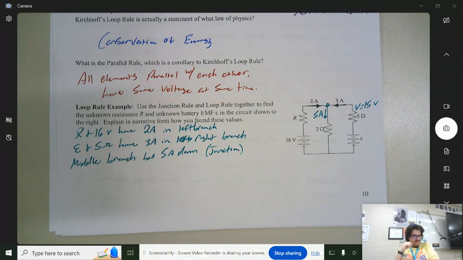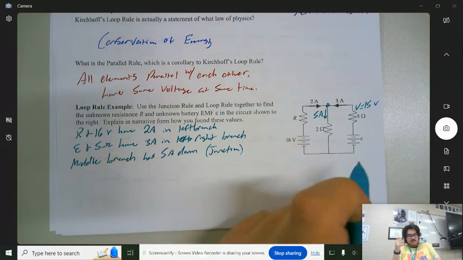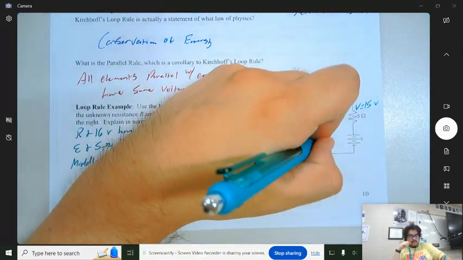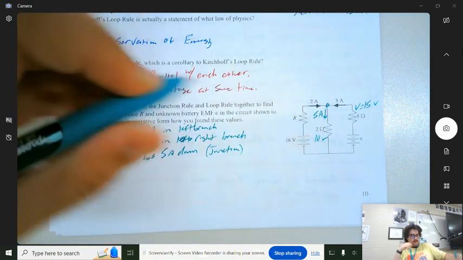So we know that the 5 ohm resistor should have a 15 volt drop. Now, one thing that we need to figure out is how much voltage drop there is going to be through the middle resistor. Well, it's just I times R. That's going to be 10 volts, right?